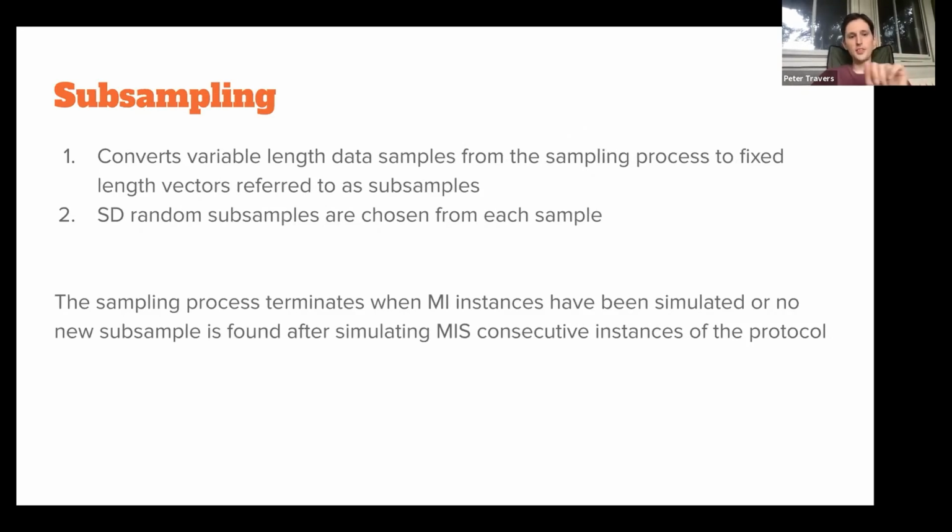So we take this random set of subsamples and we terminate when we have sampled the maximum number of samples, or when no new subsample is found after simulating the maximum number of consecutive instances of the protocol.